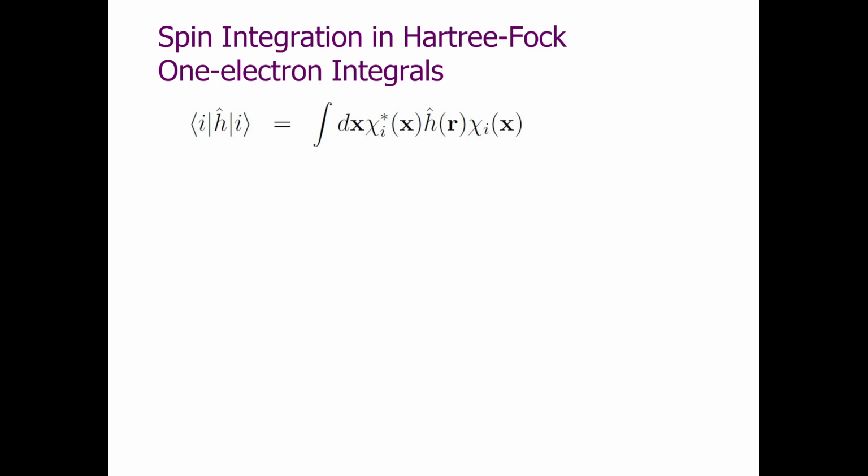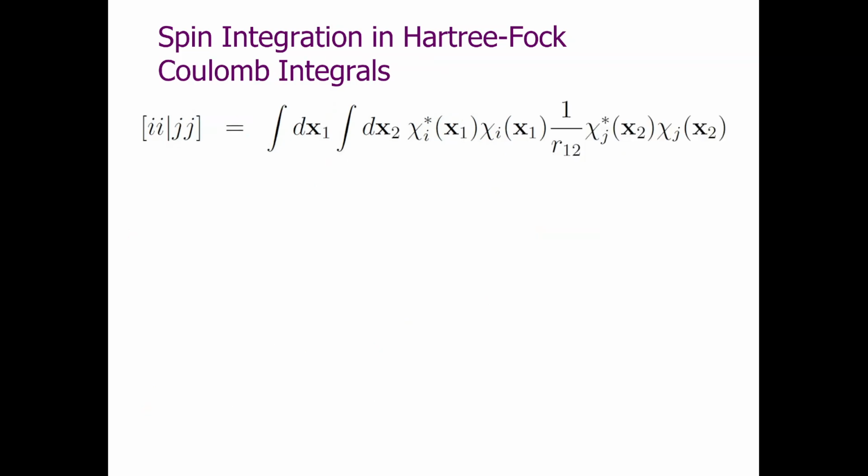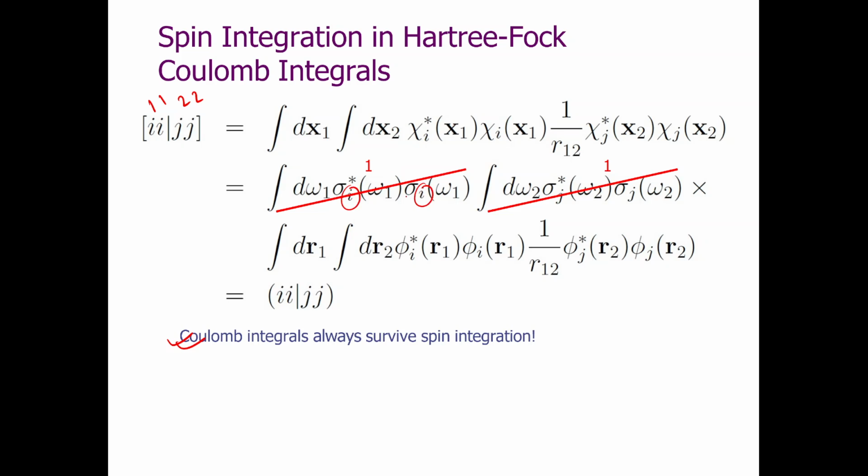Okay. So this is the spin integration, and this is very simple. Only this term will survive, and this is your Coulomb term, right? The Coulomb integral always survives the spin integration because of the spin orbitals sigma i star and sigma, they are the same, so they will always give one.